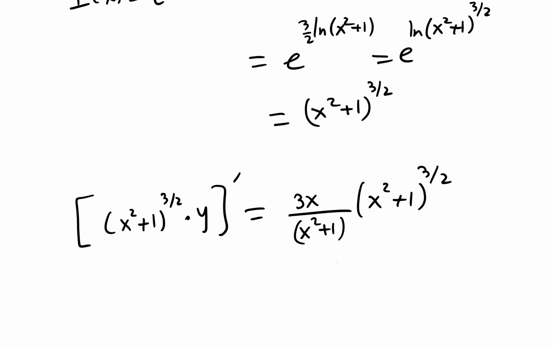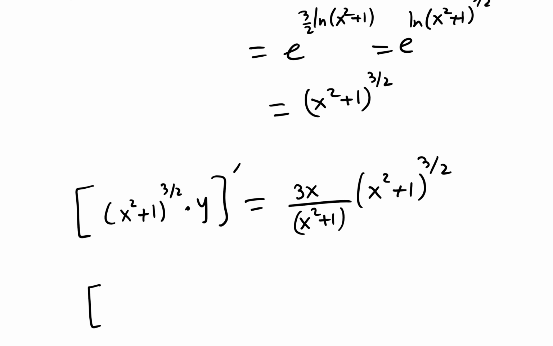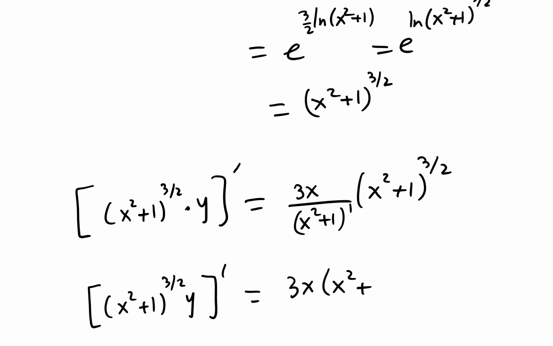So then on the left side it stays the same, as you can see. This stays the same for now. On the right hand side there's a 1, so 3/2 minus 1 is 1/2.